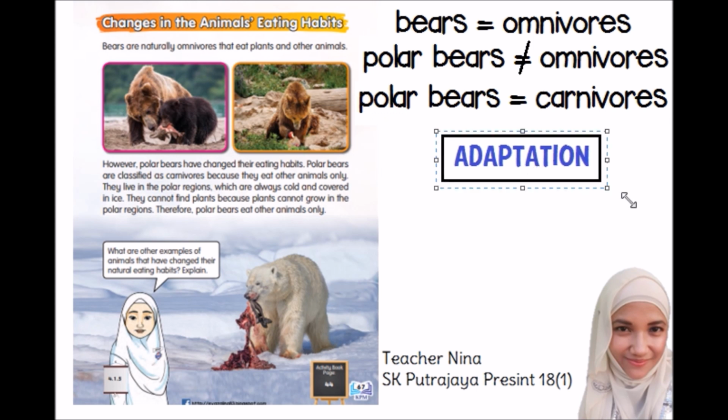And the term is adaptation. Polar bears adapt to its natural habitat where no plants can grow. So they have no choice but eat only other animals. That is why polar bears have changed its eating habits from other bears.